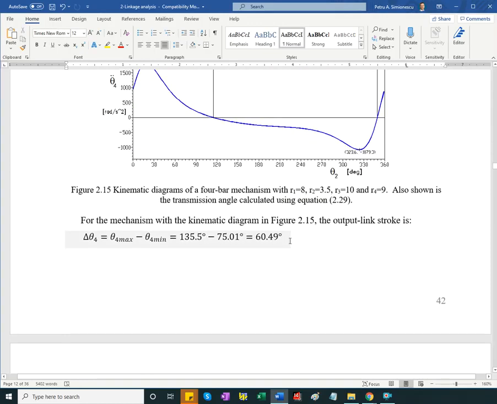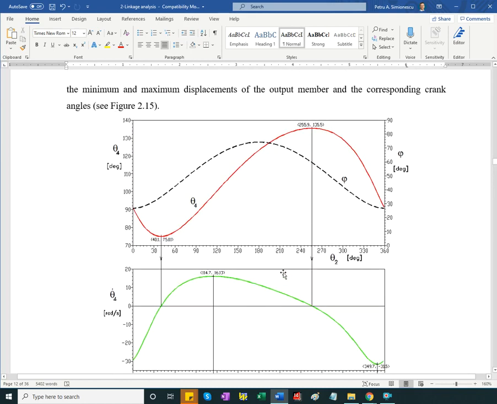And you know, the angular stroke would essentially be the difference between 255.9 and 40.1, the corresponding range of theta. And then for the time ratio, you look at the graph, and delta theta 2 would be this distance, 135.5 minus 75.1. So that's delta theta 2.